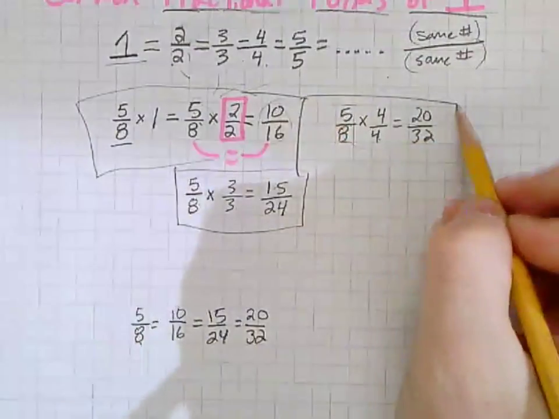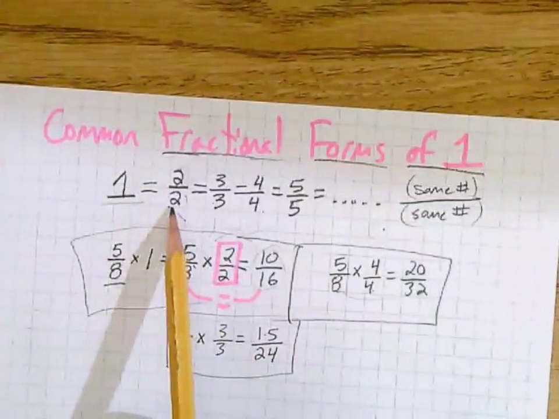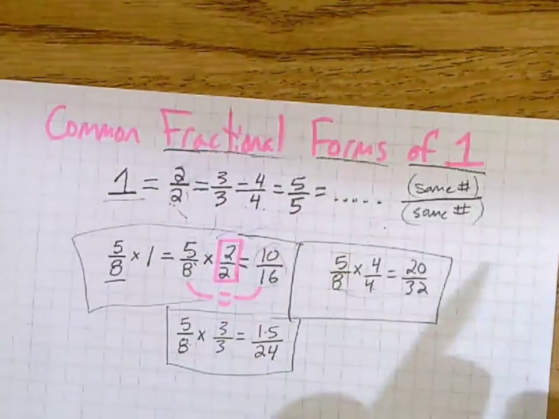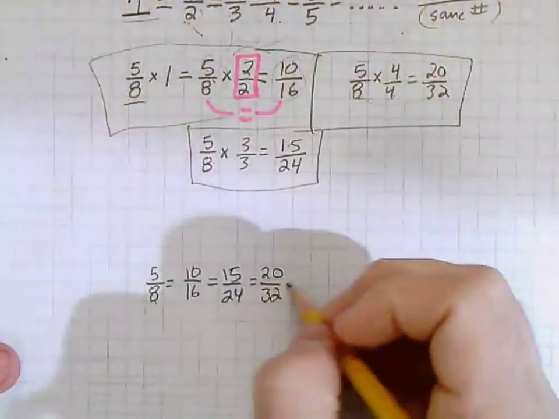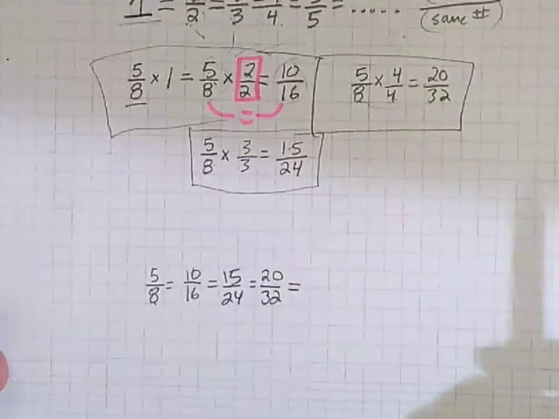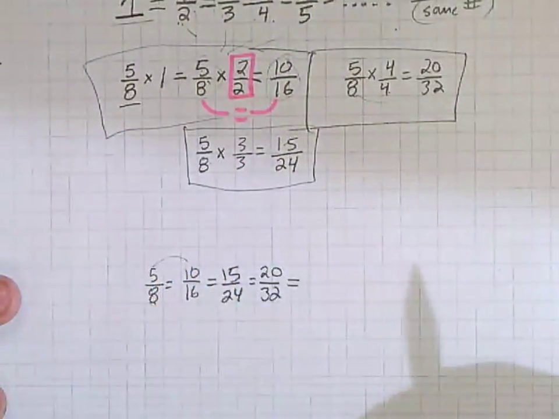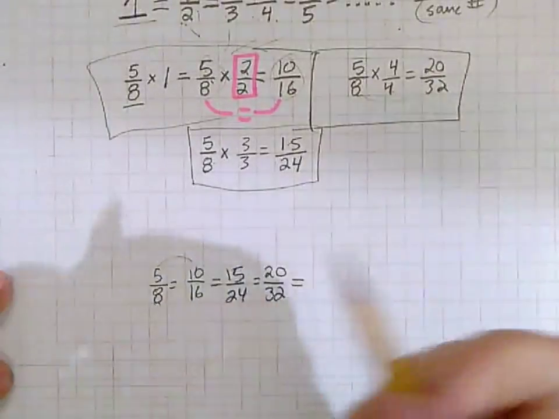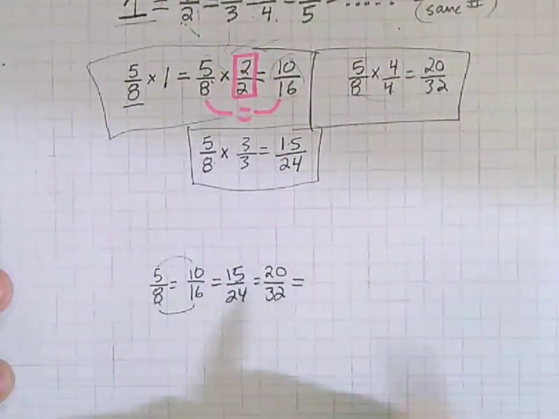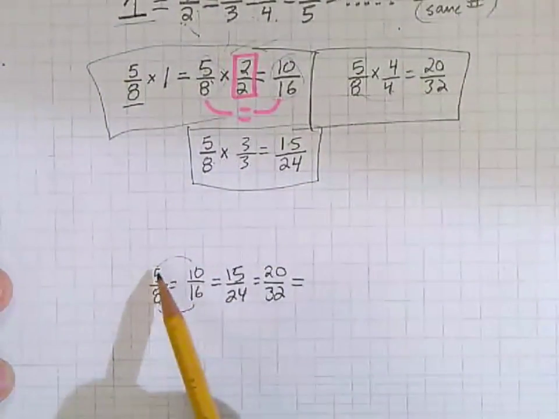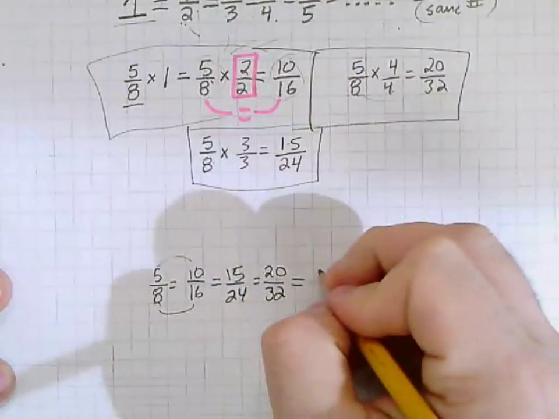All of these are equivalent forms of 5/8. We found them by using different fractional forms of 1, 2/2, 3/3, 4/4. 5/5 we didn't find, but if you've noticed the pattern, finding 5/5 won't be that challenging. As you notice on the top, you are counting by 5s. On the bottom, you are counting by 8s. So if I were to continue the pattern, 5, 10, 15, 20, I know my 5s pretty well.